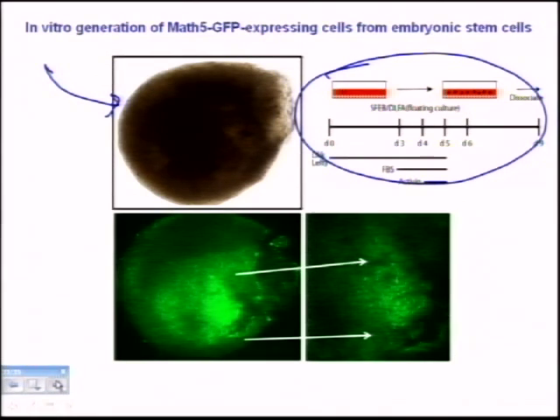And then we've put in the right growth factors to try to promote the expression of MATH5. That's shown on these two panels here. This is the low mag and this is the high mag. And you can see this embryoid body is extensively expressing the GFP from the MATH5 locus.